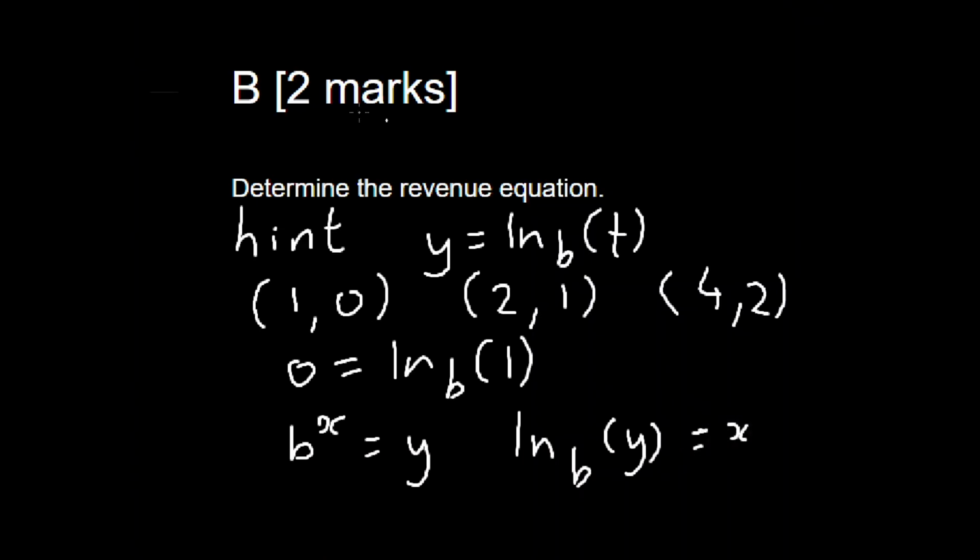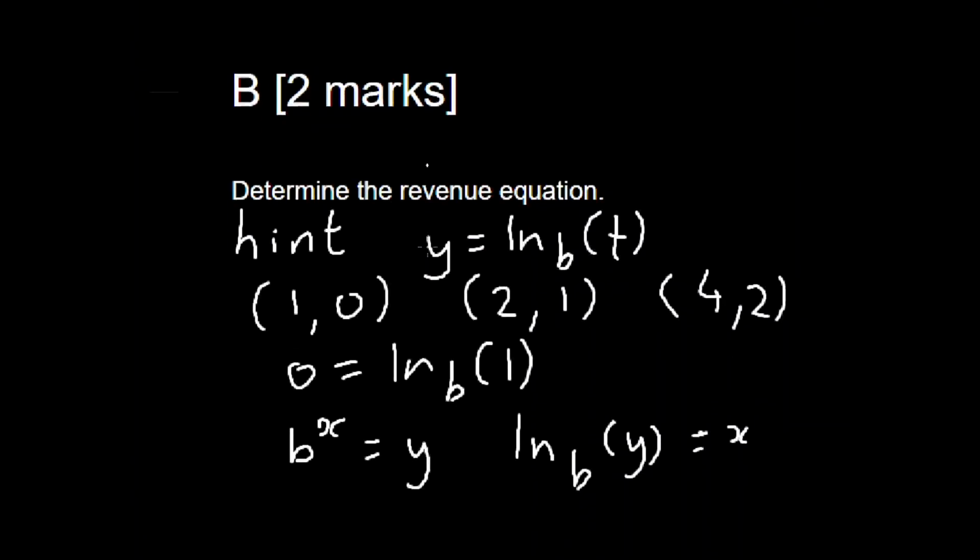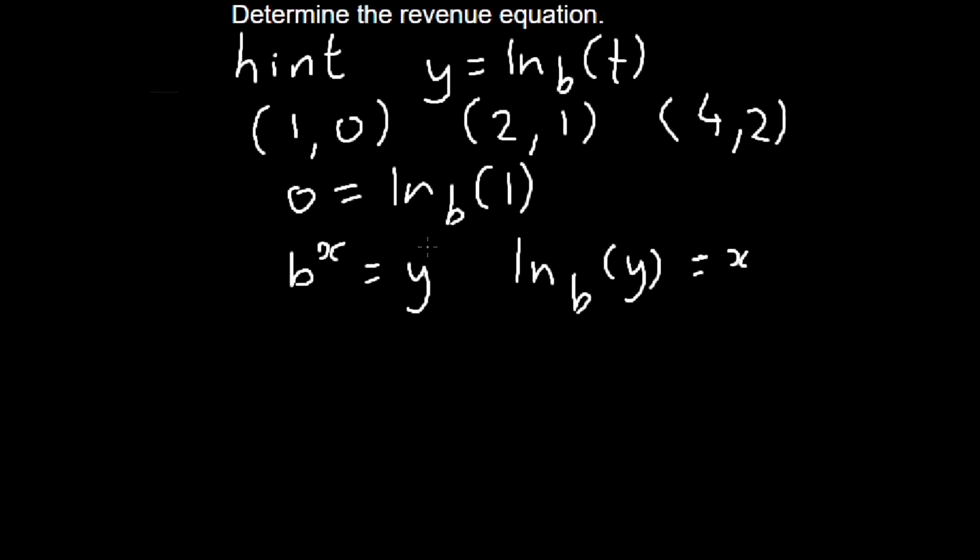Okay, so just double checking that. So I guess we can flip it back the other way. In this case, we can say that we've got b to the power of 0 in this case is going to be equal to 1.